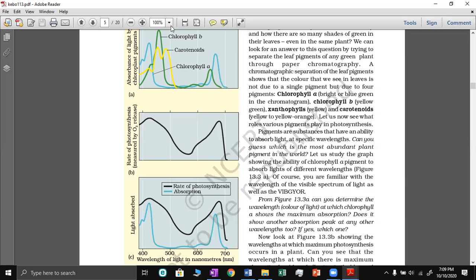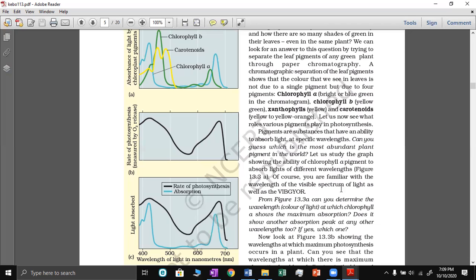And can you see these white lines? This is the x-axis, the horizontal line, showing the wavelength of light in nanometers. So 400, 500, 600, 700. Maximum photosynthesis takes place between 400 and 700.